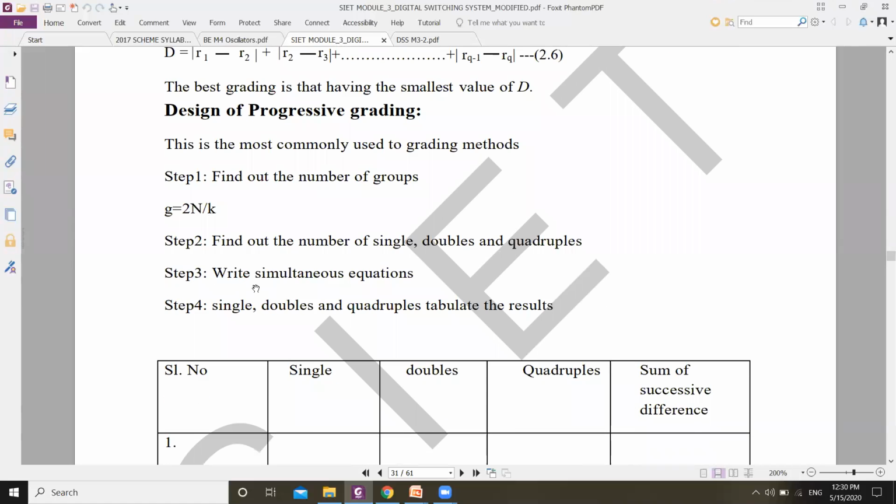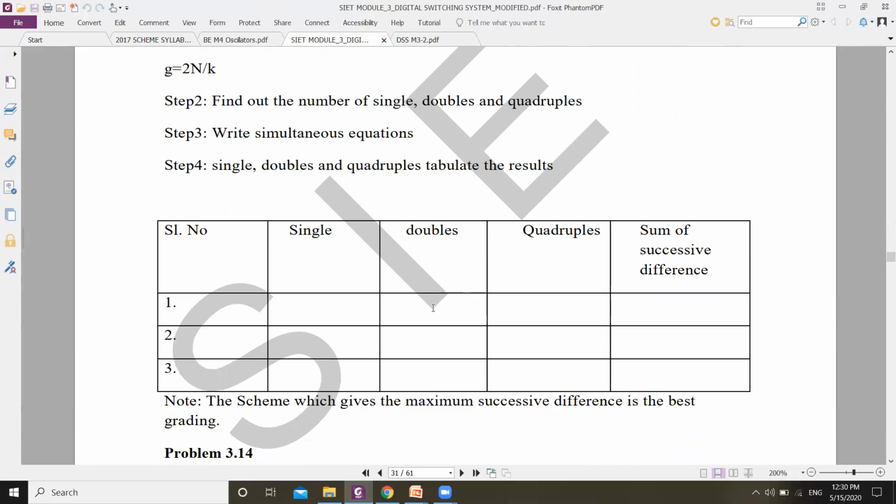Step number 3 is to write the simultaneous equations for this. And step number 4 is singles, doubles and quadruples are tabulated in the results table. We'll be making such a table with serial numbers, number of singles, doubles, quadruples, and at last the sum of the successive differences.